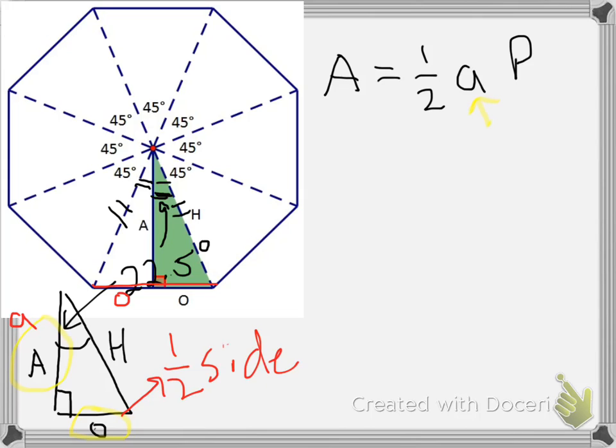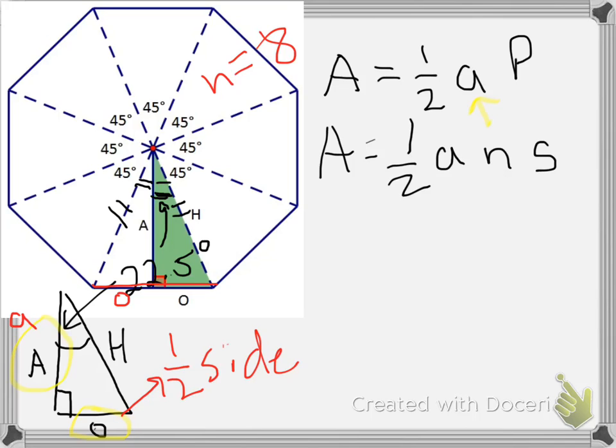We already know that N is 8 in this problem. So A equals a half A, we know N, and we need the side.